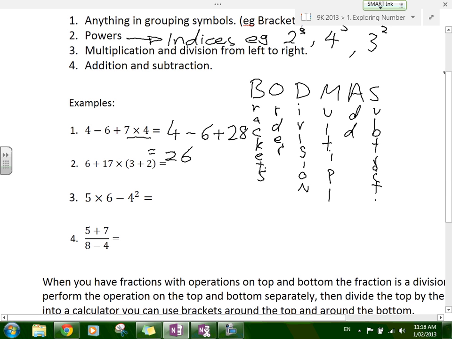Here, 6 plus 17 times 3 plus 2 in brackets. What comes first? Brackets. So what do we get in the brackets? 3 plus 2 is 5. So you can write it as 6 plus 17 times 5. What comes next? What operation do we do next? So what is 17 times 5?